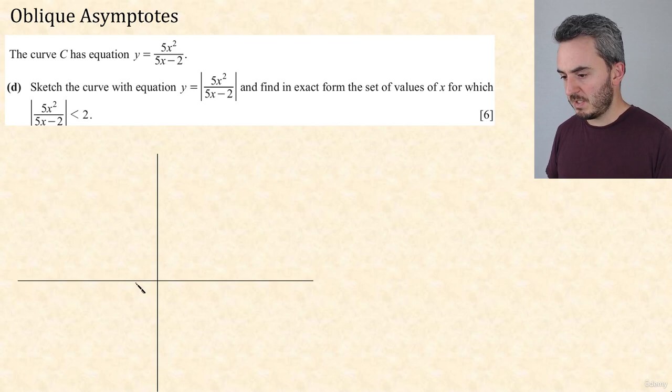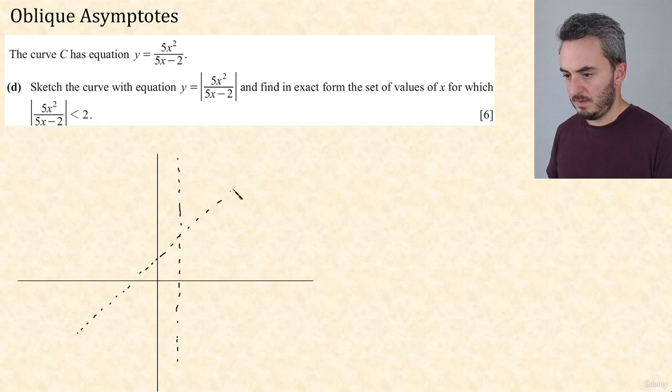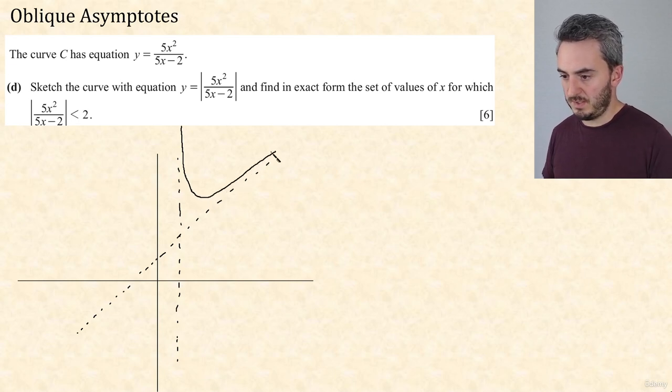So let's put in our asymptotes again. So we've got our vertical one there and our oblique one here. And this bit stayed exactly the same. So that bit that was there hit our stationary point and off to its oblique asymptote. Then we did have it going like this, but it all flips over, which means from the stationary point, which actually stays the same, it's going to go up to the vertical asymptote here.